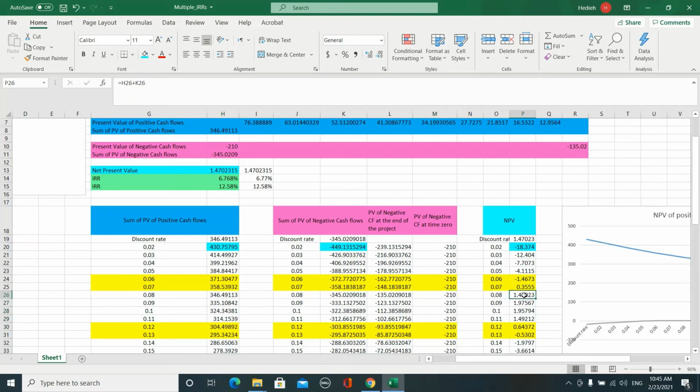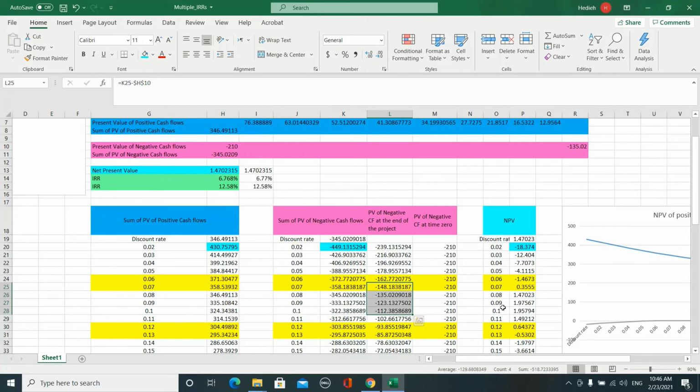You see that after 7%, when you increase your interest rate, in the beginning you still observe an increase in net present value, because in the beginning the discount that you have in your negative cash flow 10 years from now is large enough to make the present value of your negative cash flows smaller than the present value of your positive cash flows.